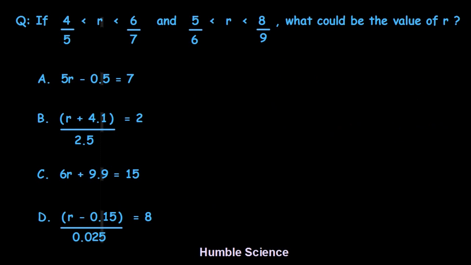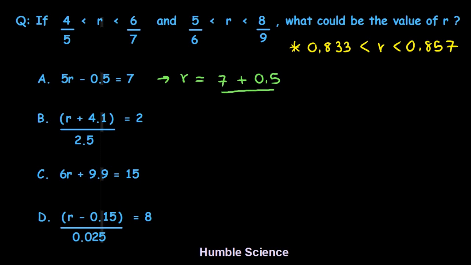So we now know that r is in between 0.833 and 0.857.